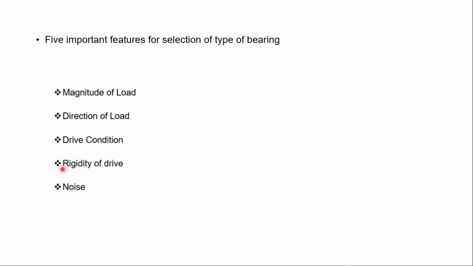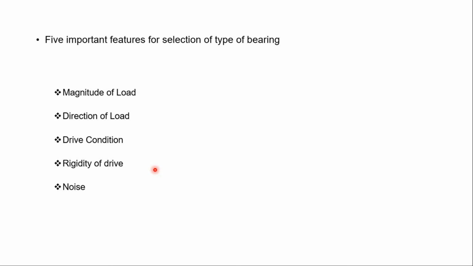Then rigidity of drive. If you want higher accuracy, rigidity of drive means how rigid our drive is. If my drive permits flexible movements, then I have to use self-aligning bearings. If I want to use it rigidly, then I have to use roller bearings.